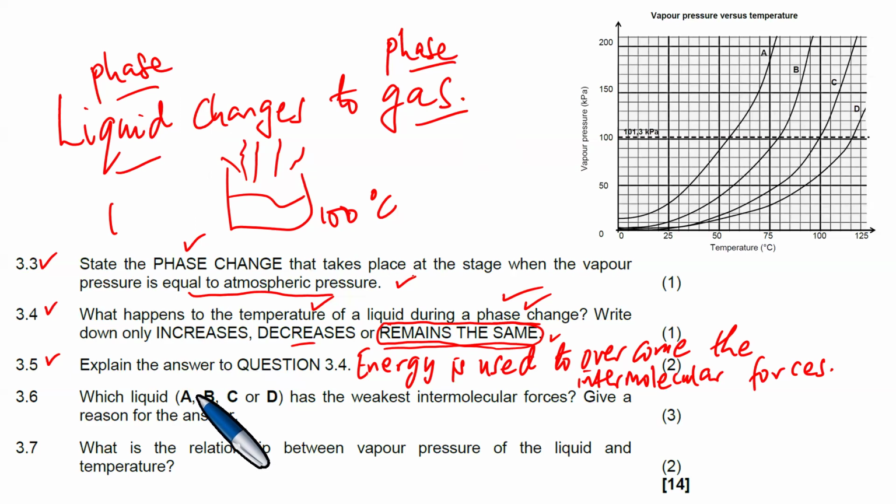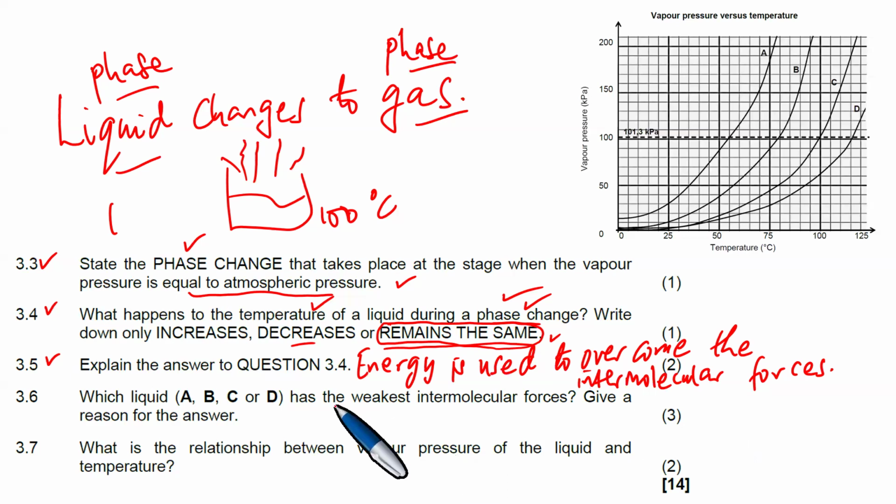It remains the same inside the pot. The examiner is trying to play tricks here. But if they ask to explain the answer to question 3.4, explain why the temperature is the same? Because energy is used to overcome the intermolecular forces, and when the intermolecular forces are overcome, they're overcome inside the pot.